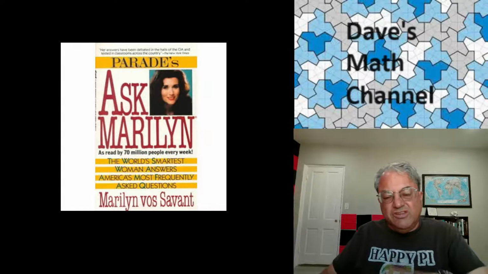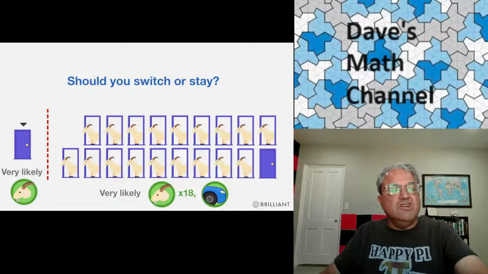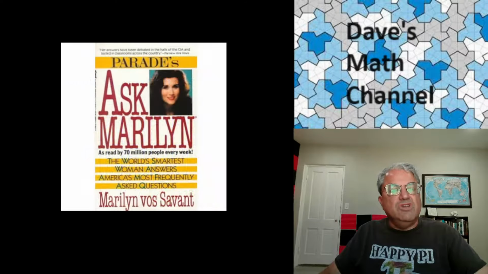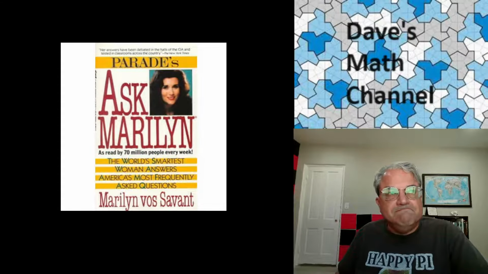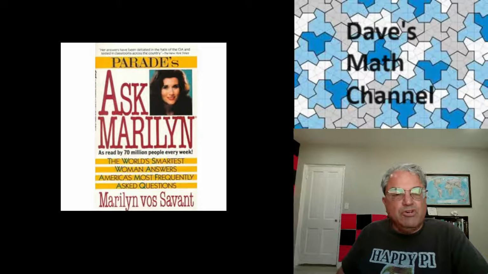Let me get to this in a minute. But the thing the people criticizing her weren't realizing is that Monty Hall wasn't just opening a random door. He already knew where the car was.